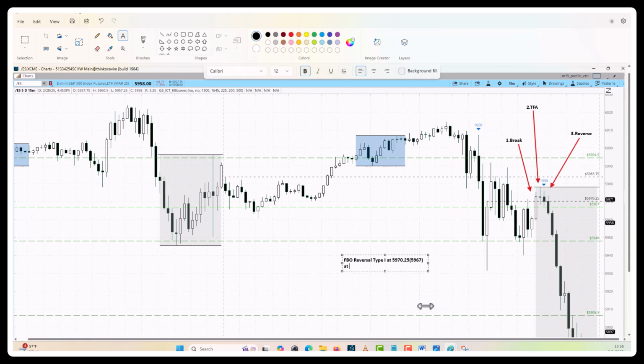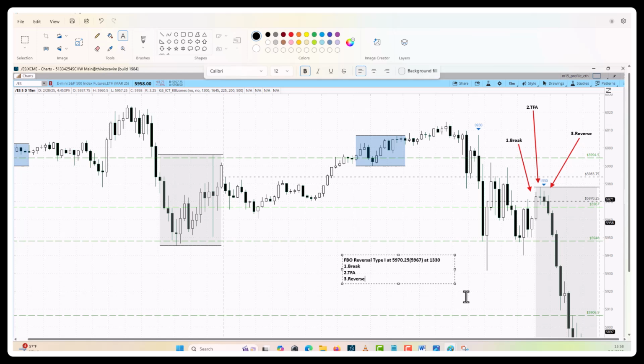And at what time? At 1:30. 1:30 is the PM session right there. We have 3 steps right there. First is break, second is test from above, the short setup, and then you have a reverse.